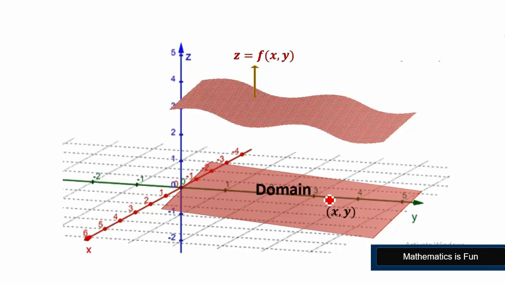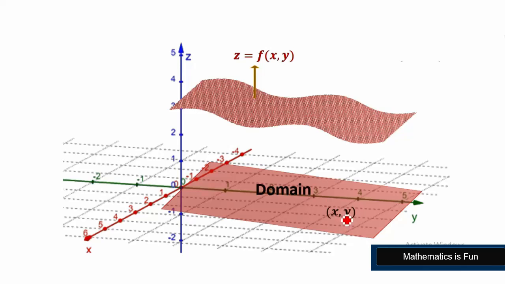So here you can see the major difference in the domain of single valued function and bivariate function is that in that case we have a domain in the form of single values in the form of real numbers, and here in three-dimensional surface the domain is in the form of xy plane whose points are in the form of ordered pairs.